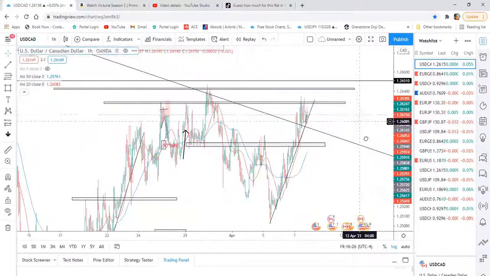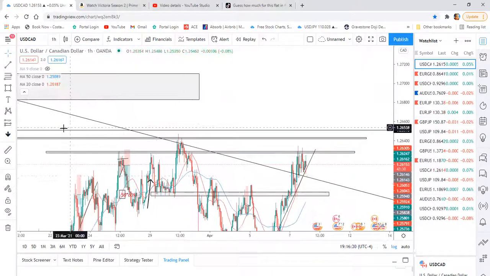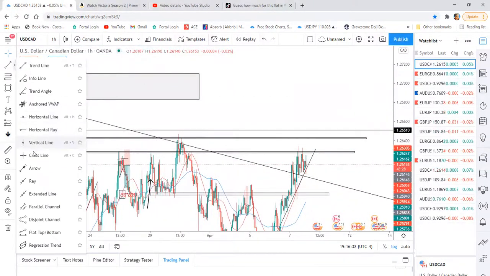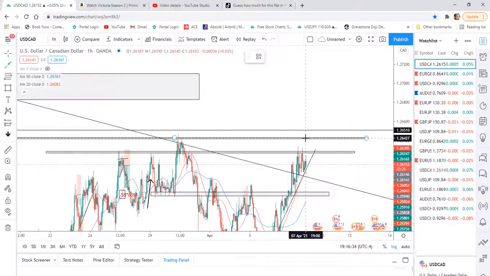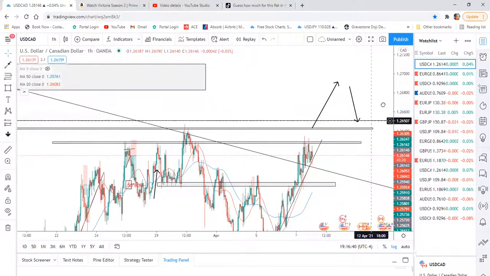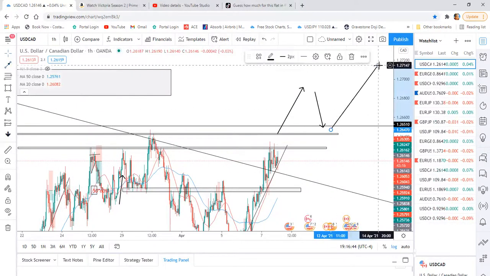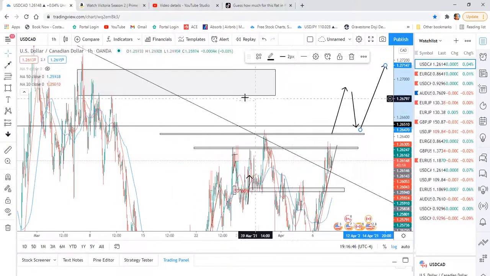I'm interested to see when and if it's going to break through this level right here altogether, because this is going to be a good trade setup or scenario right here. Because if you look to the left, what do you have? You don't have anything until over here.